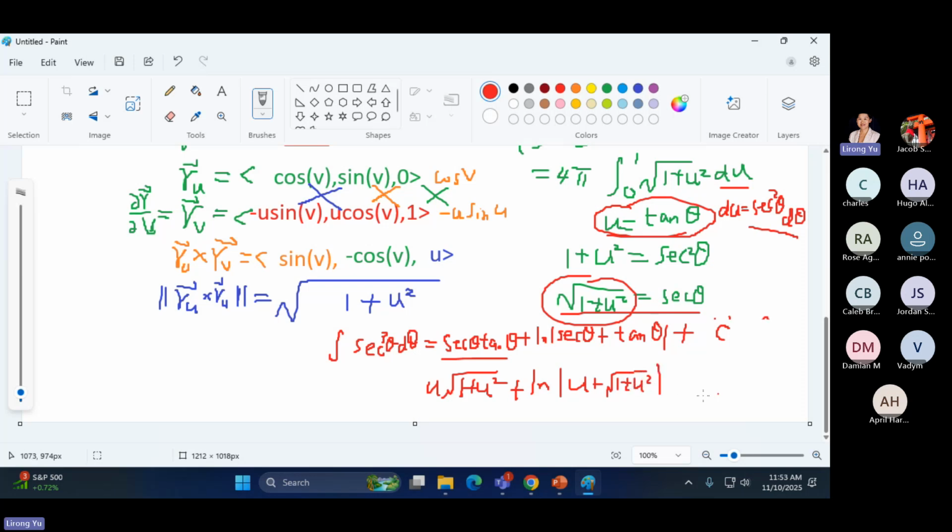That's our antiderivative, and now we plug in u from 0 to 1. Plug in 0, plug in 1, finish the calculation, and we'll be able to achieve that integration value.